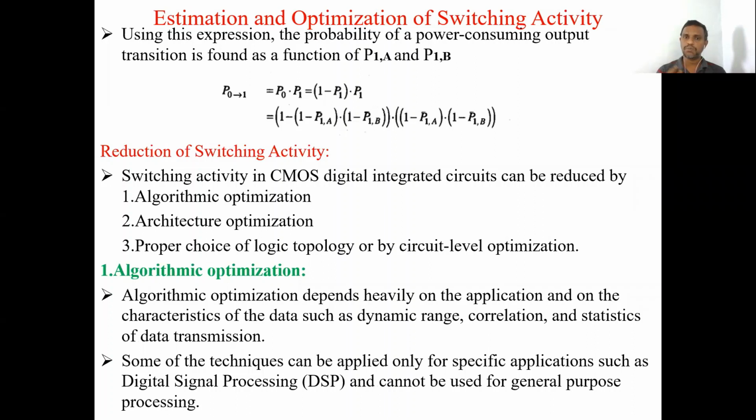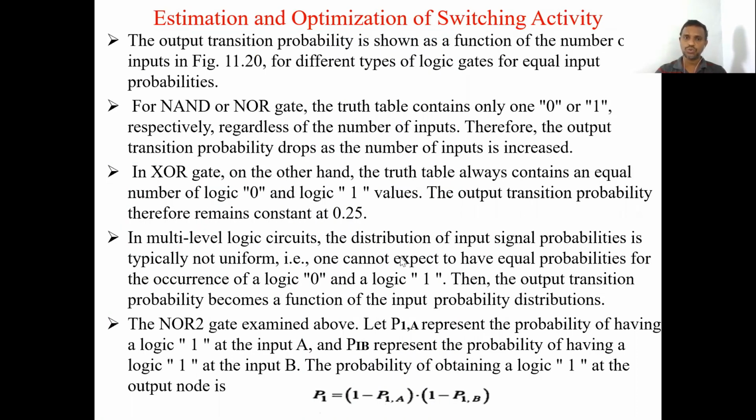For P0 and P1, if you know the input probability values, you can easily calculate the logic 1 output and logic 0 output. So the same equation I am going to use here.